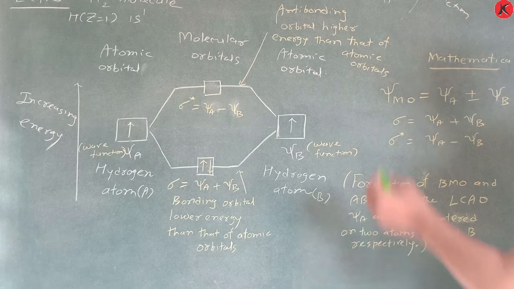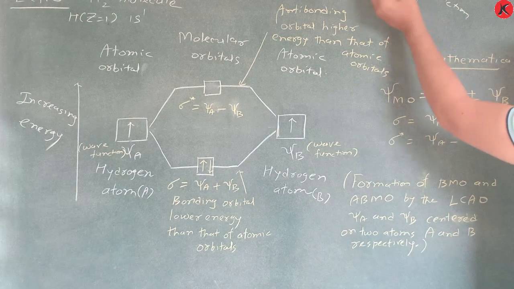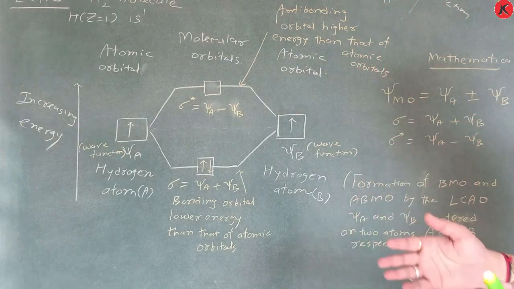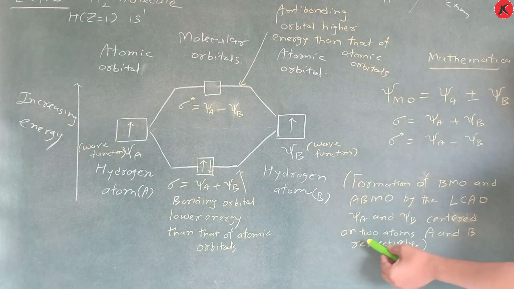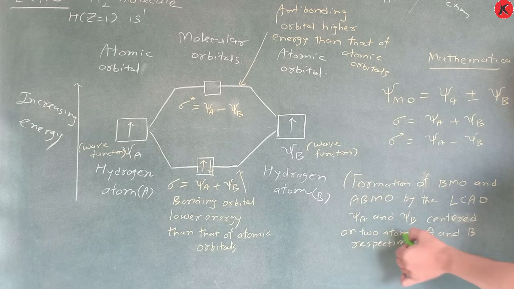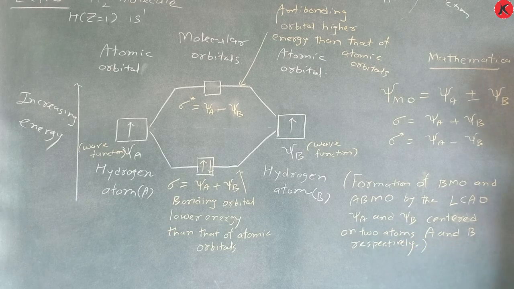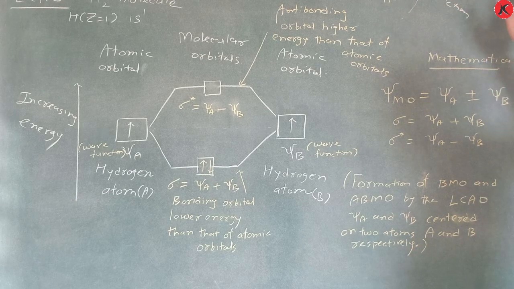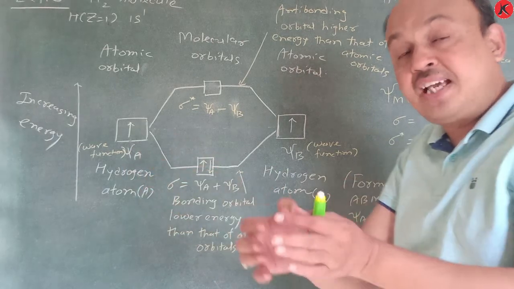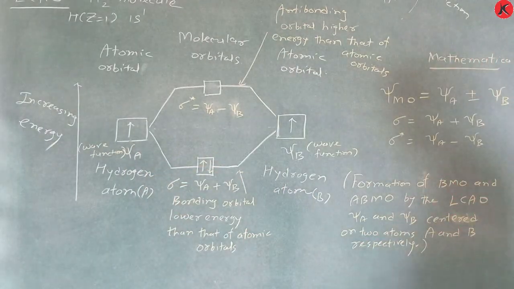So suppose this hydrogen atom and this hydrogen atom are there. You see, psi A and psi B are centered on two atoms A and B respectively. Suppose they attract, that means addition takes place.